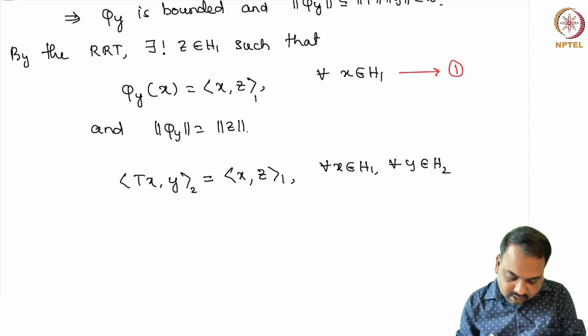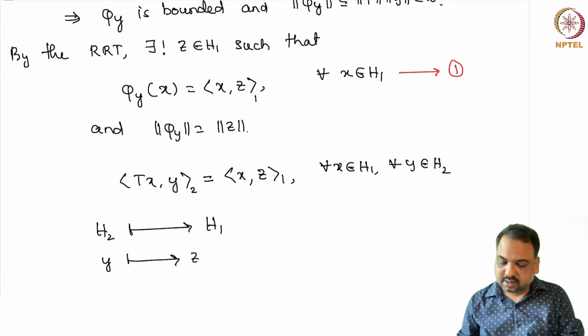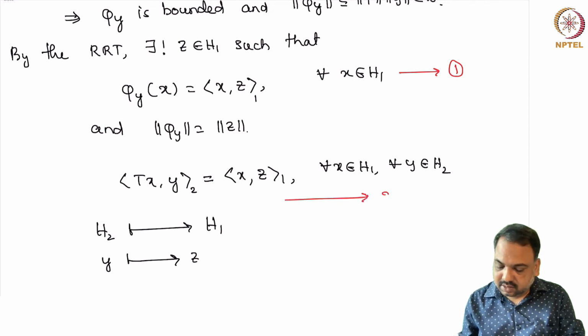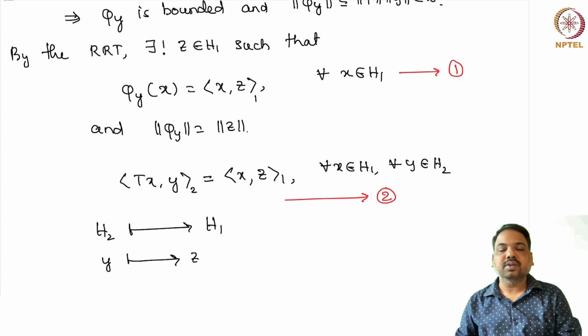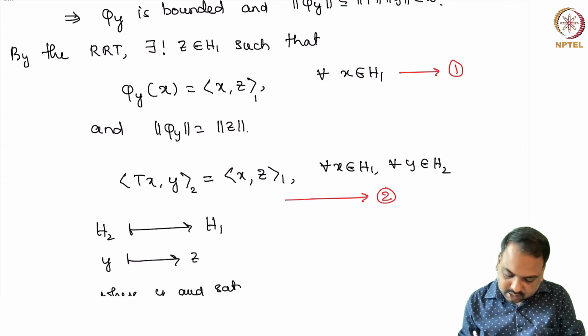So z suffix y. Given y in H2, we got one vector z, and z satisfies this equation 2.